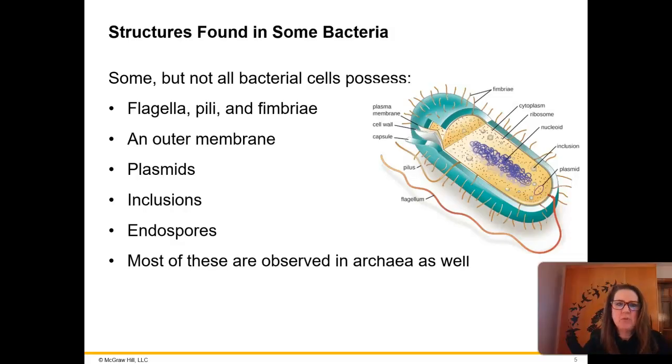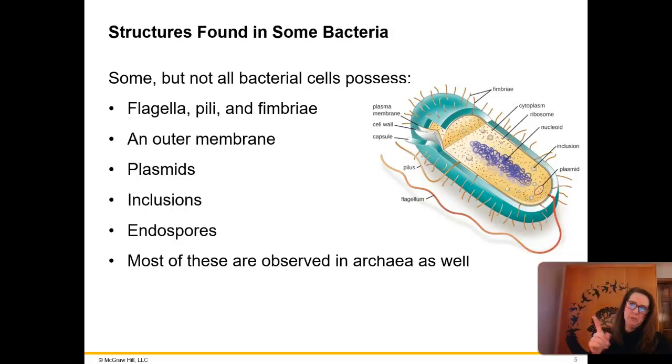Okay, let's start with flagella. So you might know flagella best when we talk about sperm, right? The flagellum is helping that singular sperm swim to its appropriate destination. So we know that there's not just one singular sperm that's involved in sexual reproduction, but that flagellum is helping push along that sperm cell.